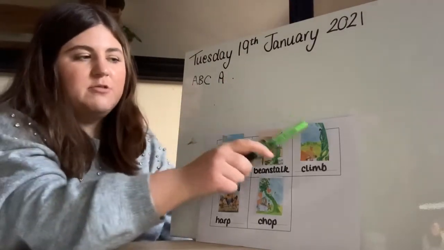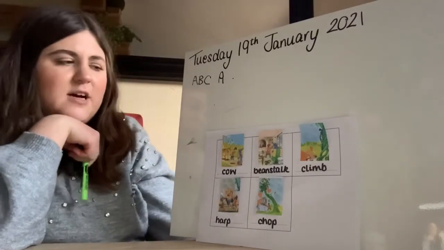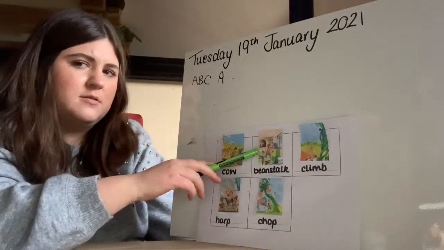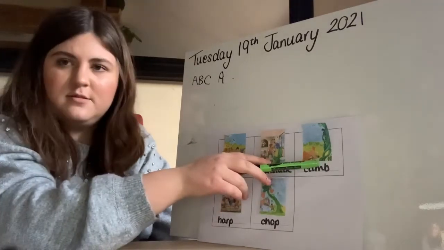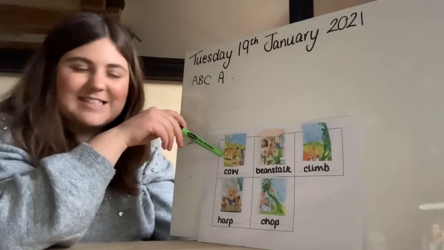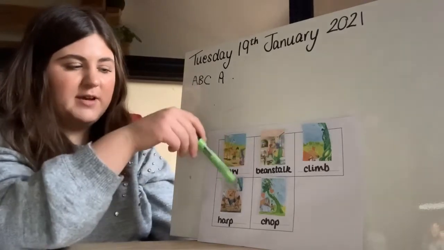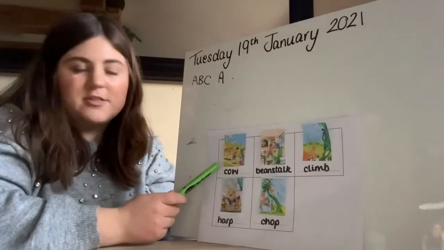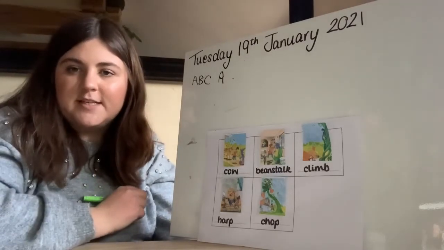Now, where do you think on our story sequencing we are going to start the story? Are we going to start it here, here, here, or here? Yes, that's right. You've already done the hard work, you've already sequenced the story, so now you can look at the pictures and look at your keywords to help you write your sentences.